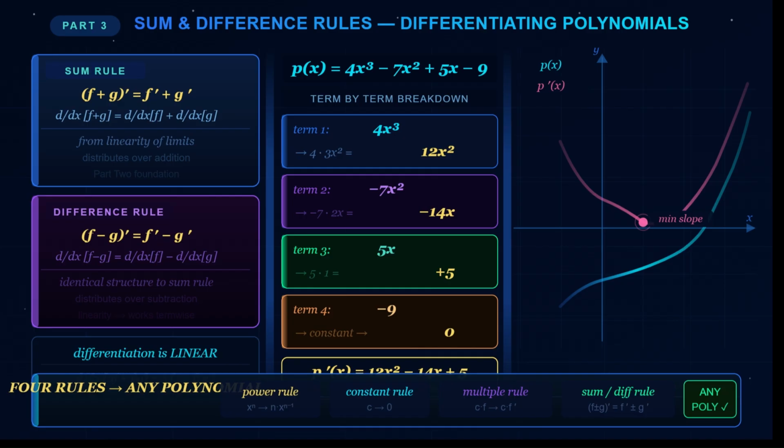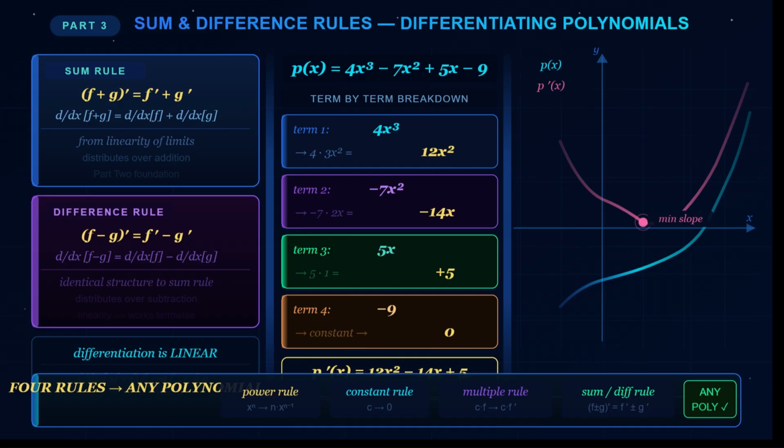They can be used in combination. The sum and difference rules tell us how differentiation distributes across addition and subtraction. The sum rule states, the derivative of the sum of two functions equals the sum of their derivatives. If h of x equals f of x plus g of x, then h prime of x equals f prime of x plus g prime of x.